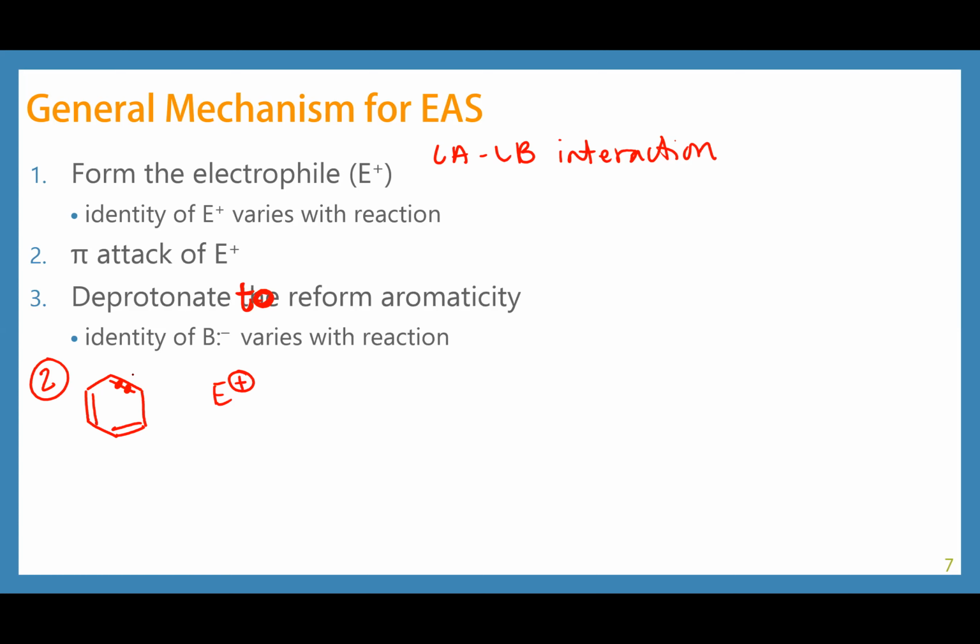The electrons from benzene reach out and attack the electrophile. This should remind you very, very much of the addition to an alkene. So if we put the electrophile here, there's also a hydrogen atom here. There's a hydrogen atom here as well. What else needs to be on this structure right now?